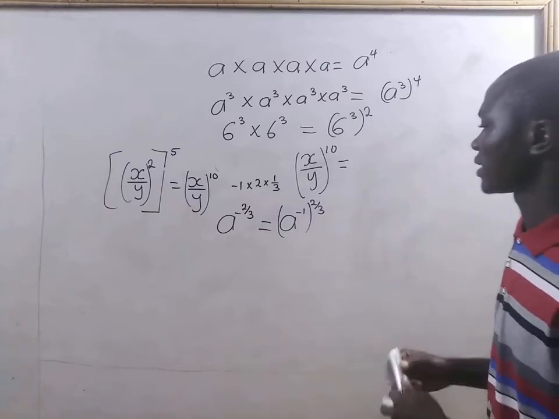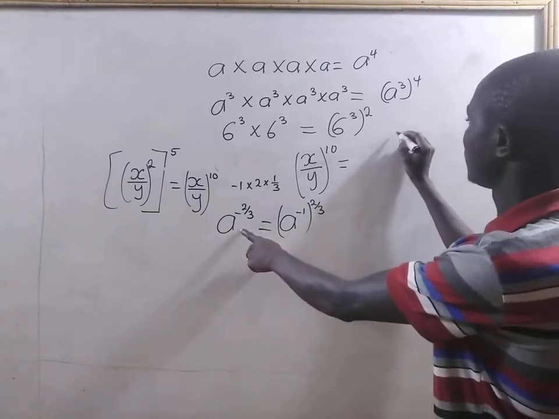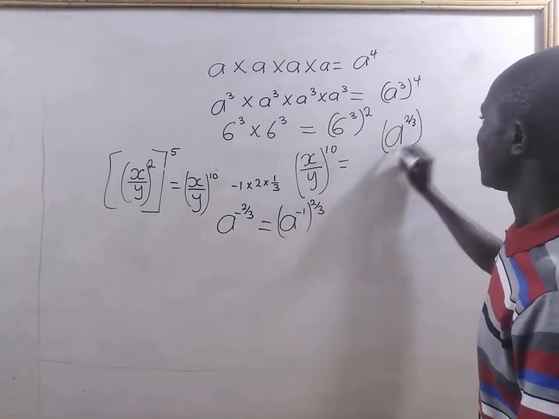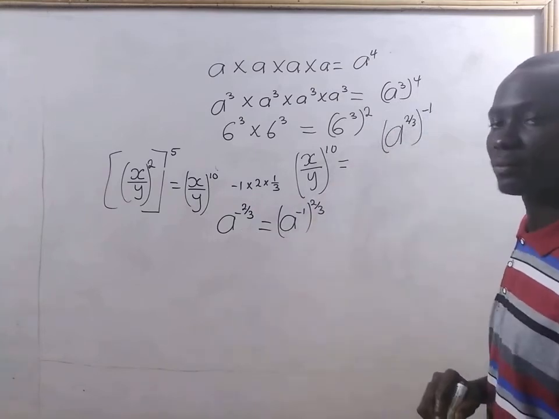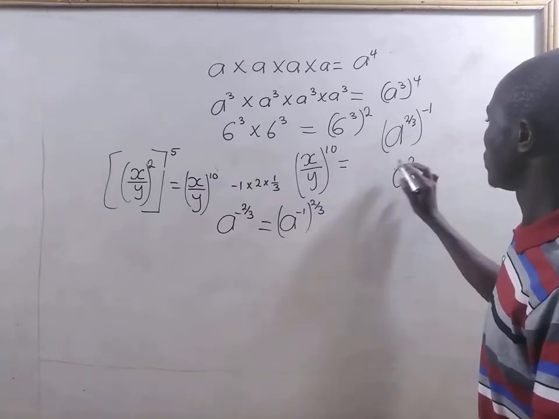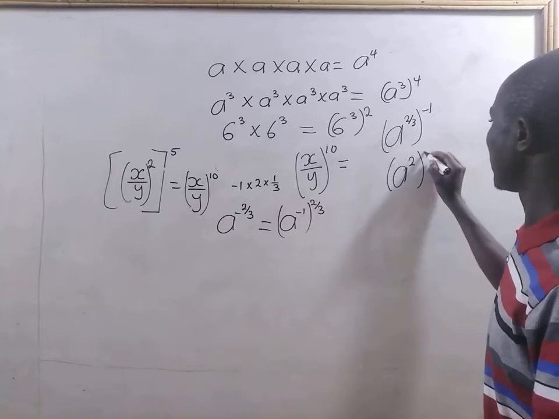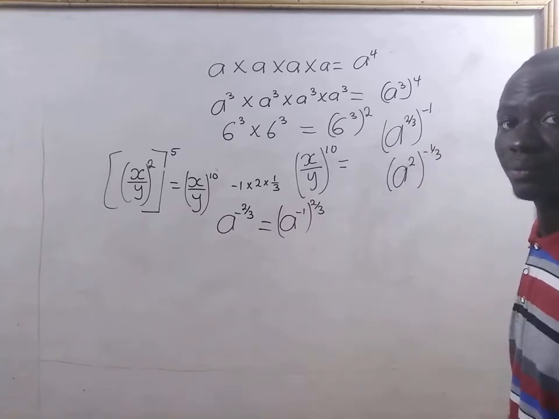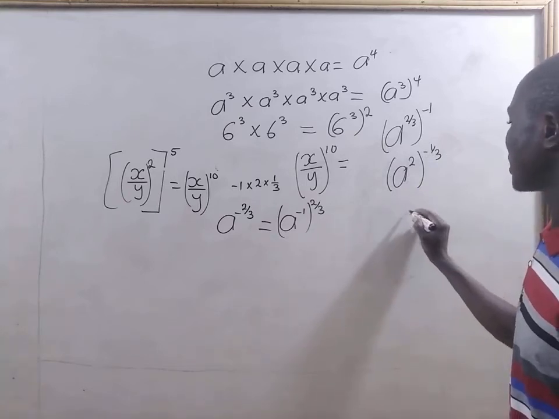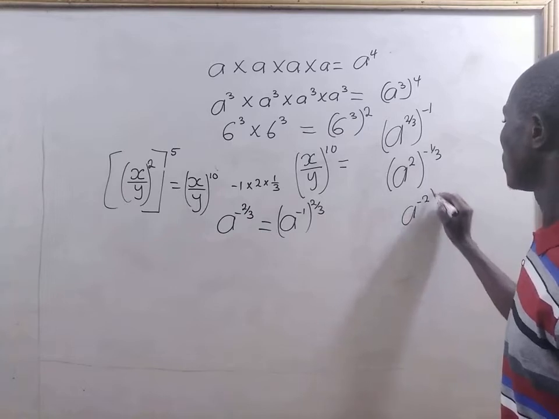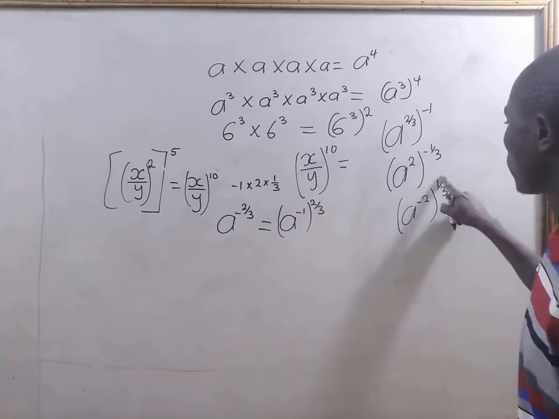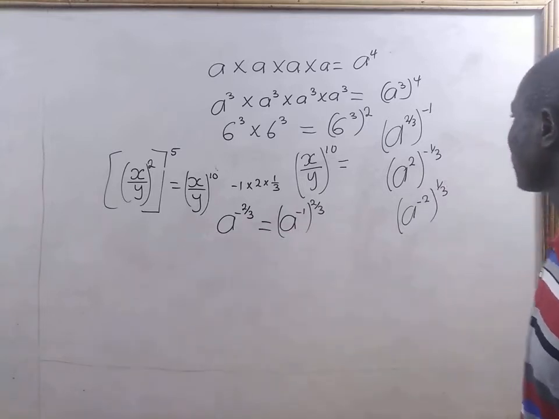We can also write it as a to the power, we keep the 2 out of 3 inside and bring the negative 1 outside. Or we can write it as a to the power positive 2 and we bring negative 1 out of 3 outside. That one too is possible. Or we can write it as a to the power negative 2 and we bring positive 1 out of 3 outside. Because negative 2 times 1 out of 3 will give us this.